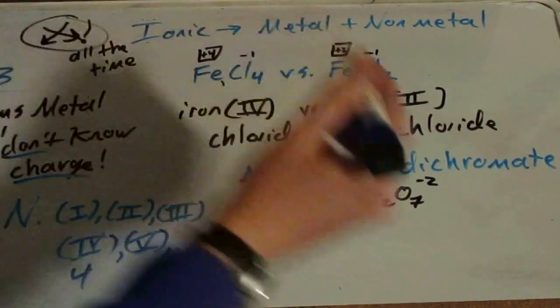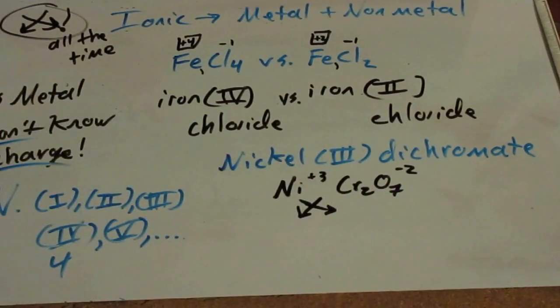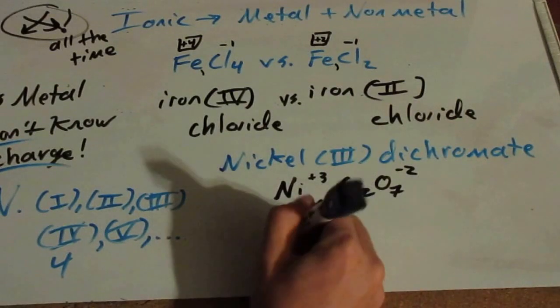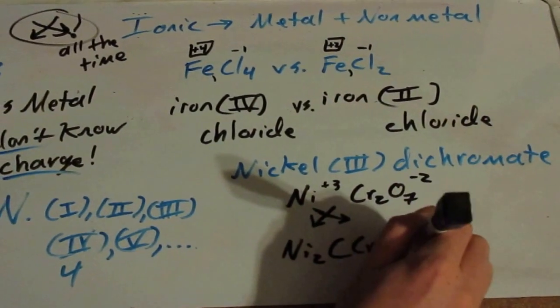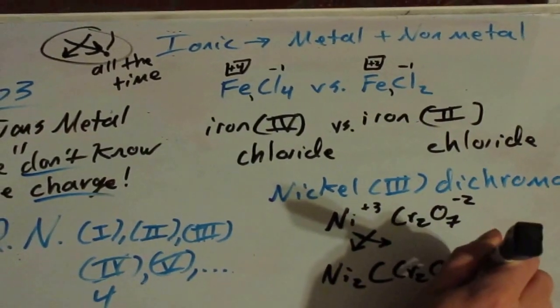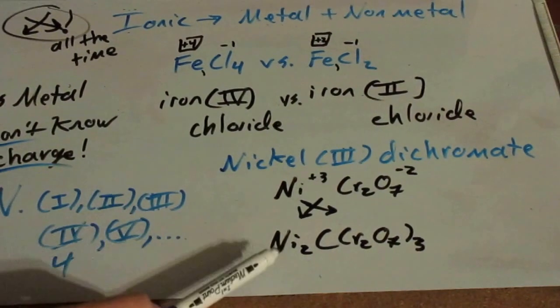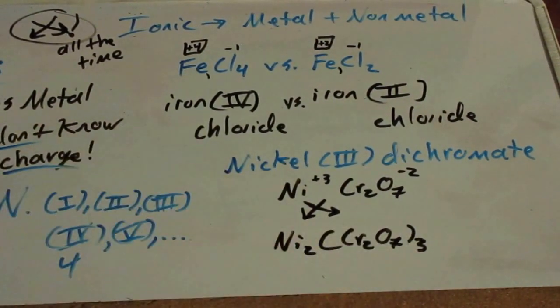Now, what I would recommend doing, don't forget to crisscross, because you are a boss, Rick Ross, barbecue sauce. So I would go Ni2. I will need parentheses because I will be putting a 3 on the outside of that. So the answer for nickel 3 dichromate is Ni2, parenthesis Cr2O7, end parenthesis 3.